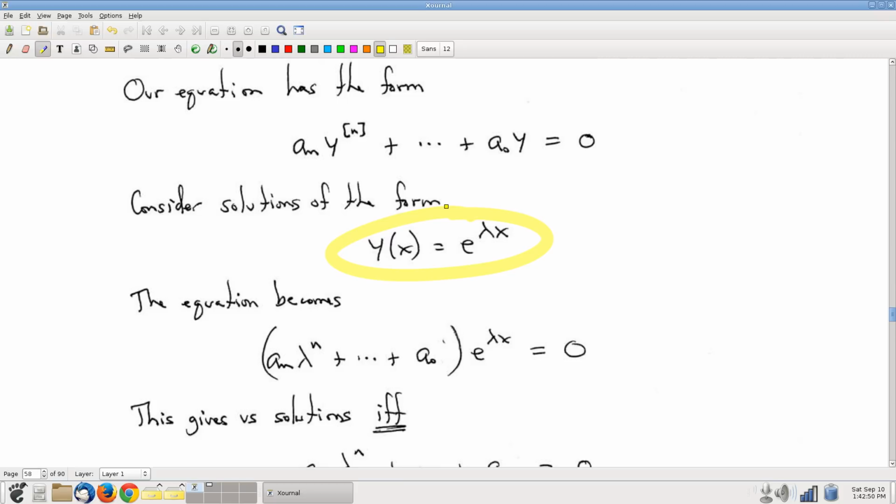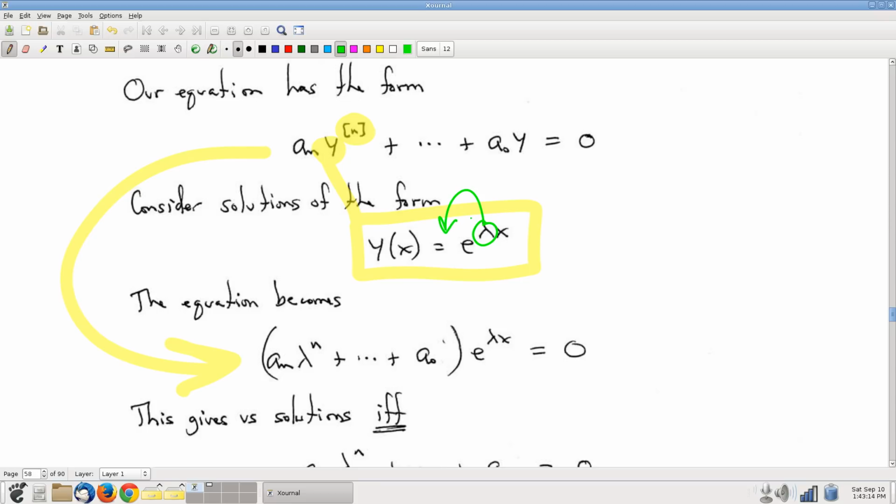Did I guess right? Is this a solution? Well, we take this, we plug it in, see what the differential equation turns into, and it turns into this. Now, I'll leave this as an exercise for the students to work out, but if you take the nth derivative of that function, every time you take a derivative, that sort of kicks out a factor of lambda.